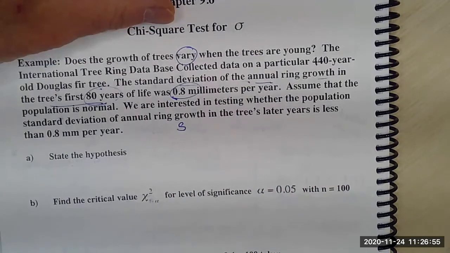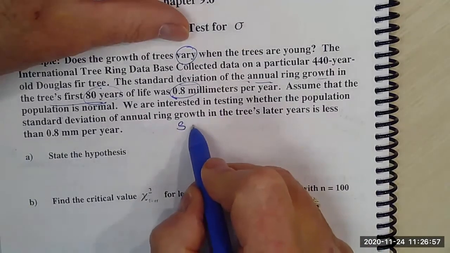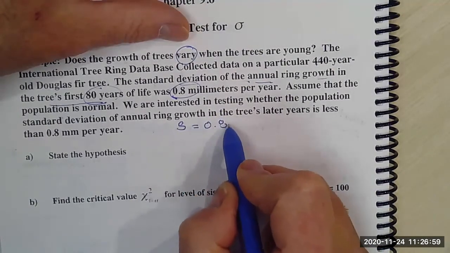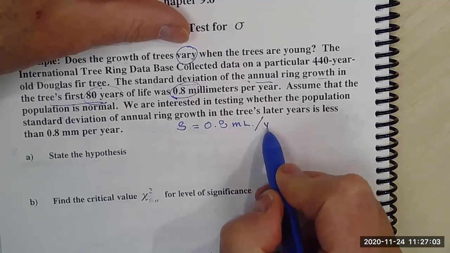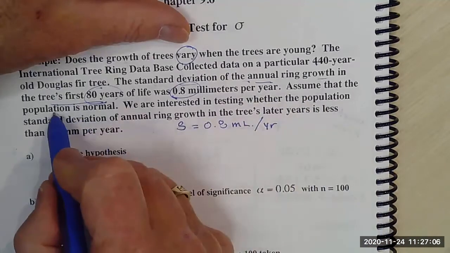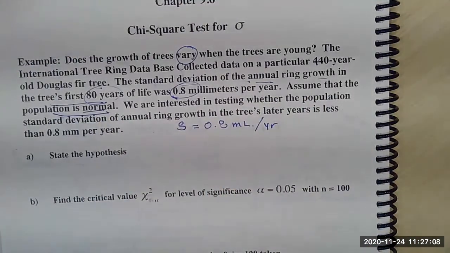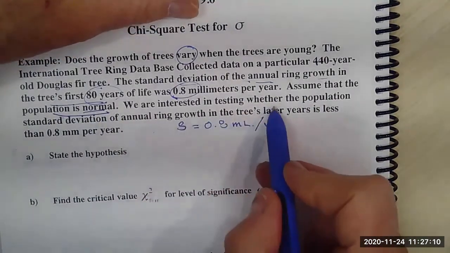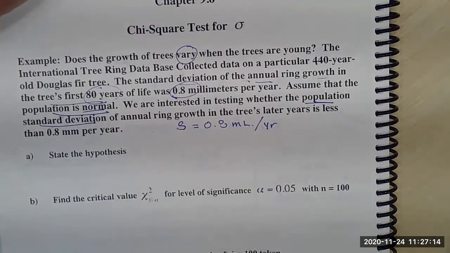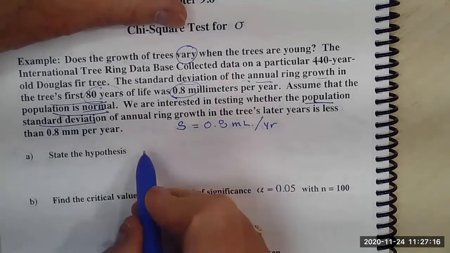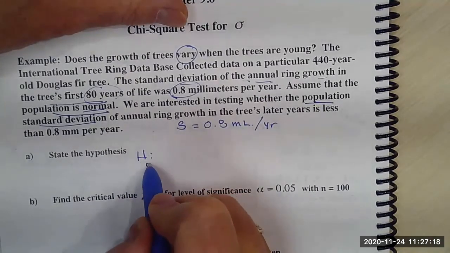It's not all of it. It's just the first 80 years. s equals 0.8 millimeters per year. Assume normal. Okay, that's helpful. Interested in testing whether the population standard deviation, so that's sigma. We're interested in sigma.